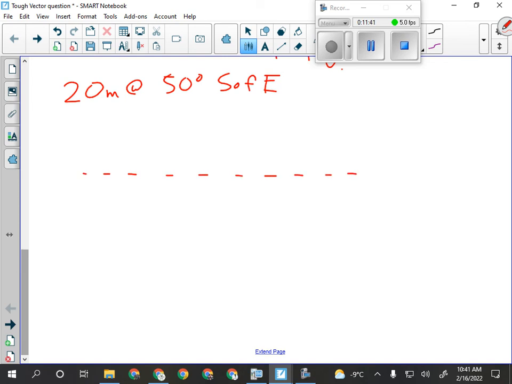So I draw my reference line east, then I go south of that 50 degrees, which is more than halfway. That's terrible, that's not more than halfway. That's probably too much, probably went too far. Okay, 50 degrees, 20 meters.